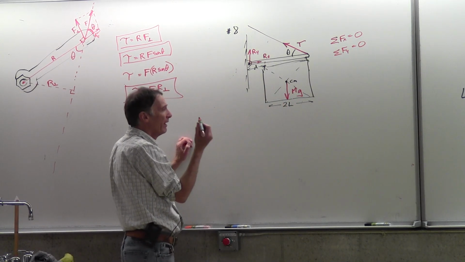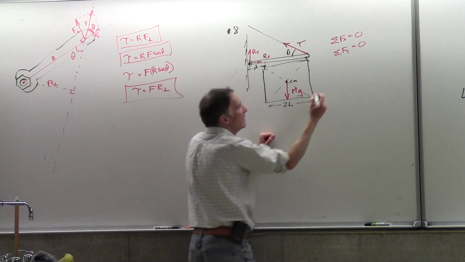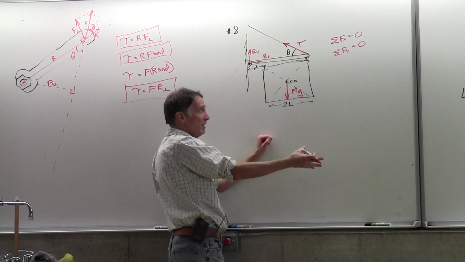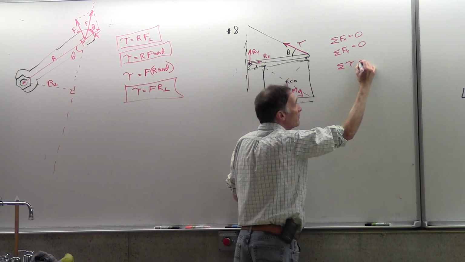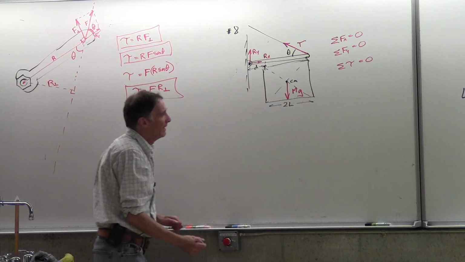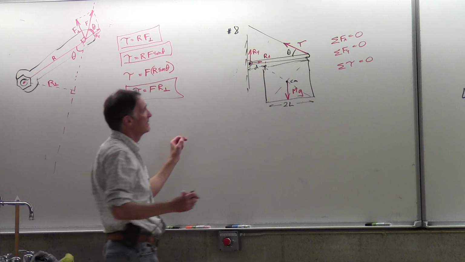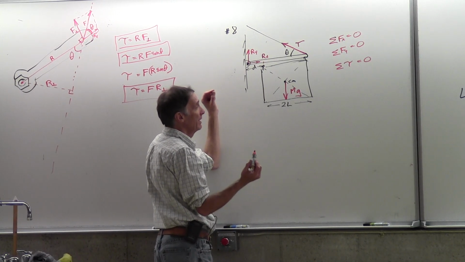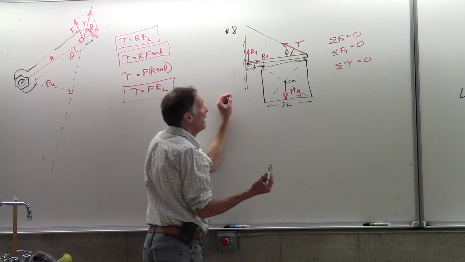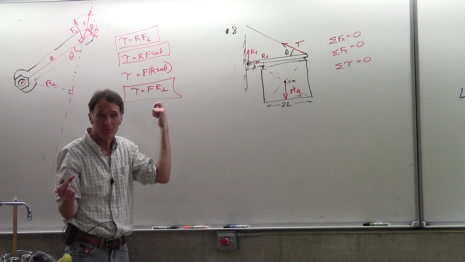The part that's new and powerful in doing these problems is that the thing doesn't rotate, meaning that the sum of the torques has to be 0. That's true about any point in space, so we get to choose which point we take the torque around. Now, what would be a good point to choose?